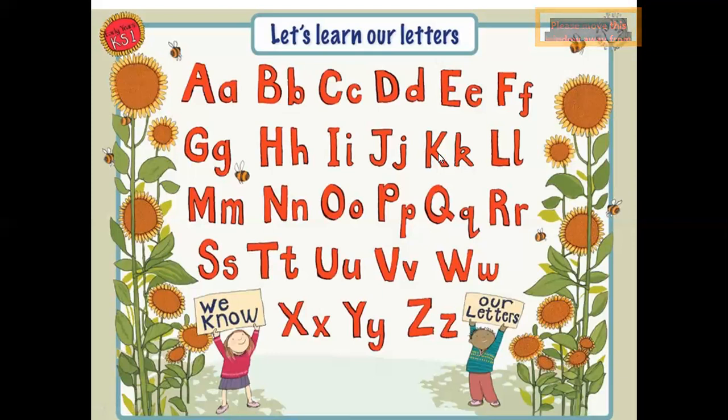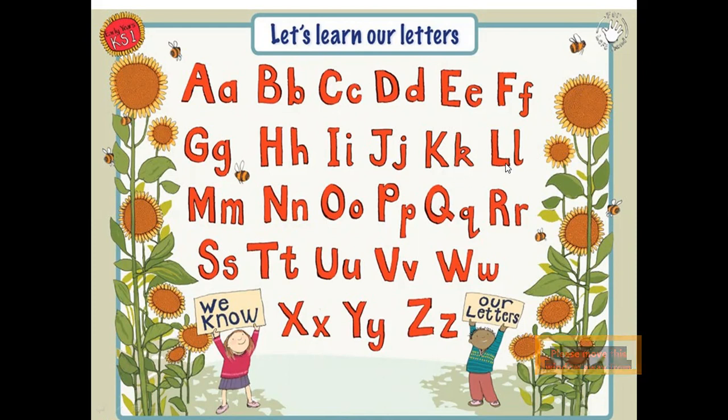After J, our next letter is K. This one is the big K, uppercase K, and this one is the lowercase k. Kite, keyboard, kettle, and also K is for king. Understood?